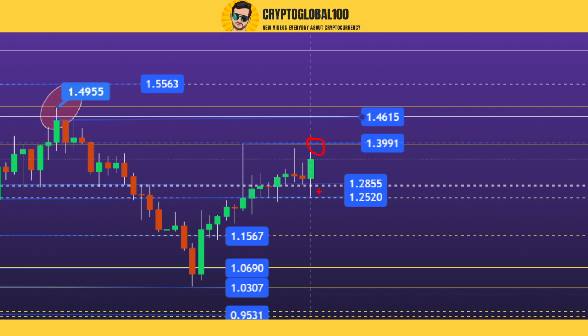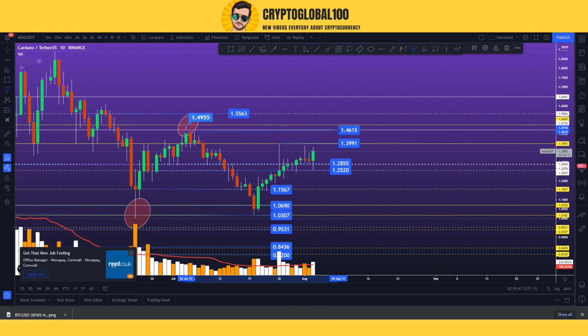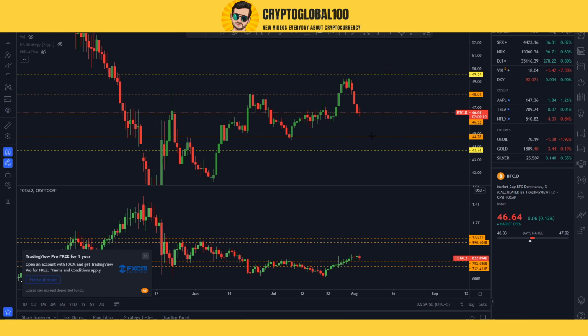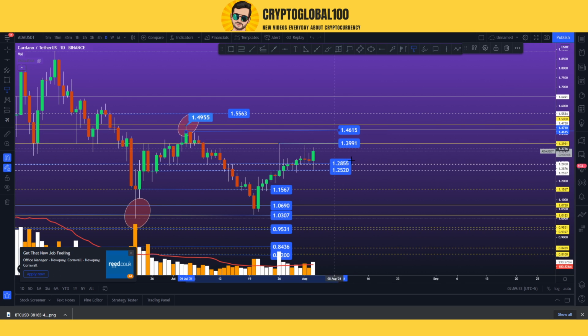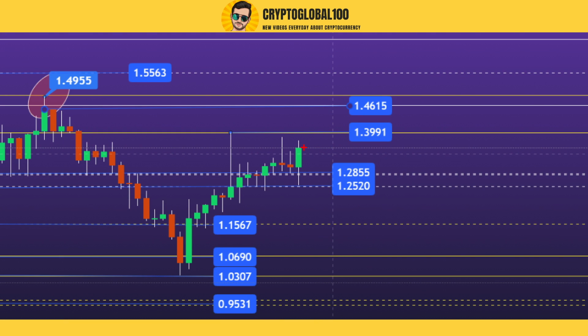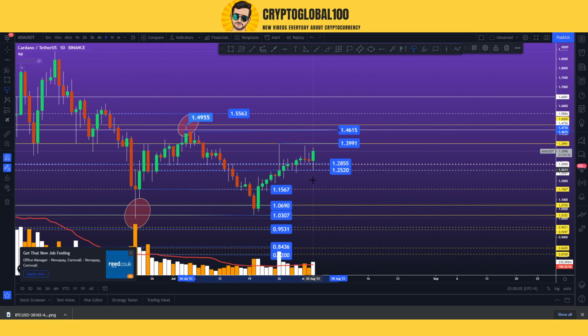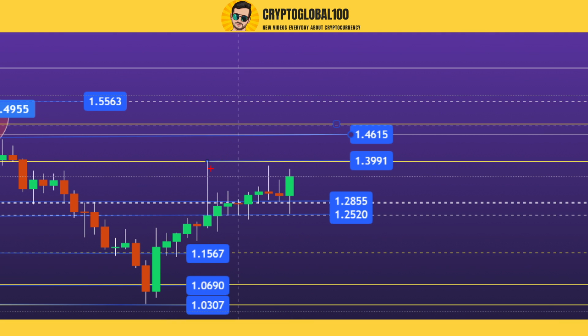I'm very positive. But in case the Bitcoin dominance falls further, we might see this price retest 1.28. This is what I think. But this green candle is very bullish. These types of candles give you bullish momentum. On the contrary, this was also a swing high candle, but it has a different shape, because you can see a large wick on the upside, as there were a lot of sellers in this area.